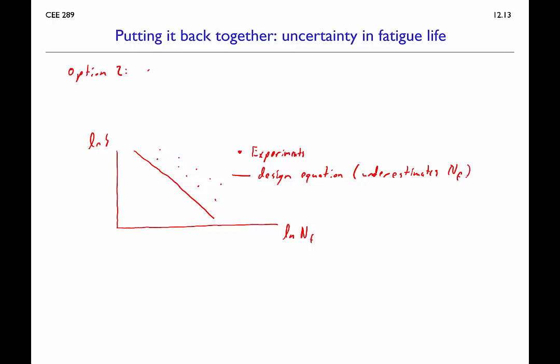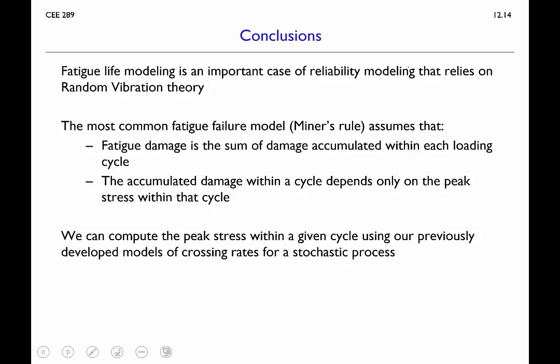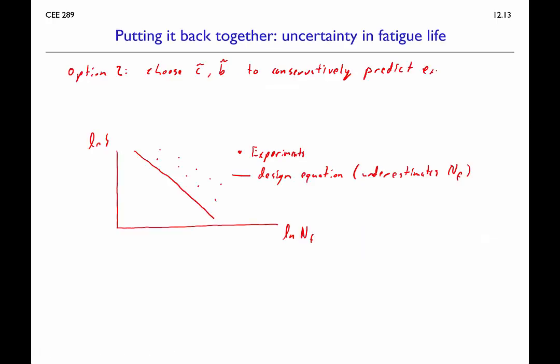Right. So in this type of approach, we might just choose C tilde and B tilde directly off of data like this to conservatively predict the experimental results.